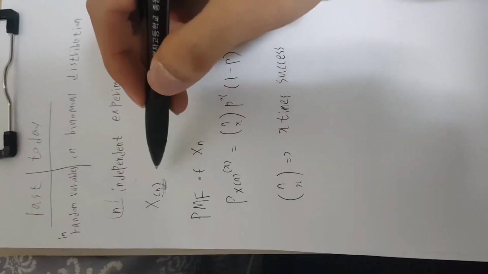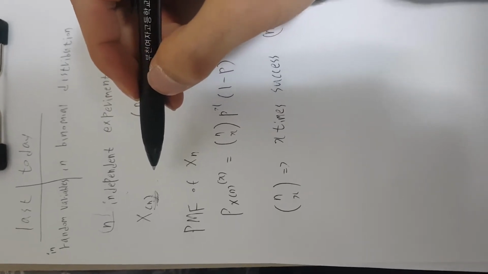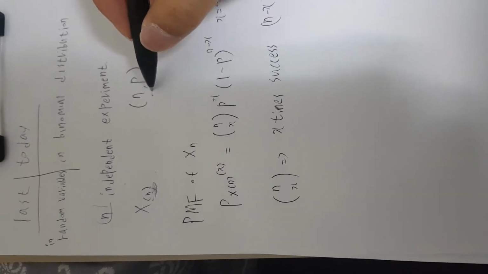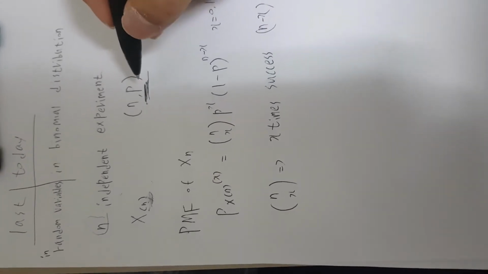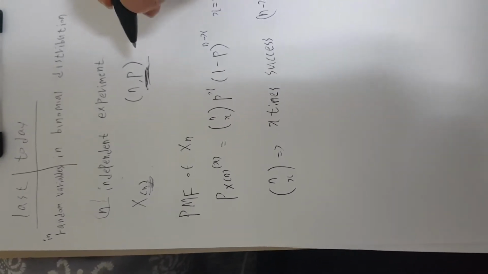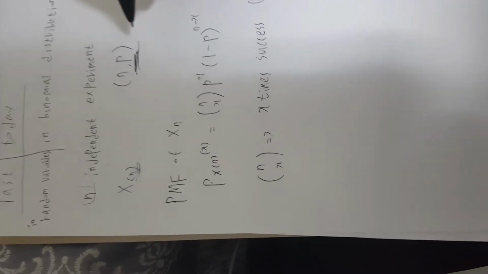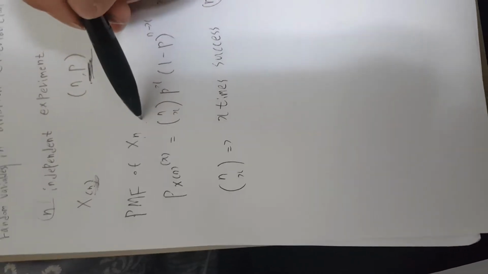Xn is then defined as a binomial random variable with n, p as the parameters. The PMF of the random variable Xn with n, p is shown as follows. PMF of Xn.